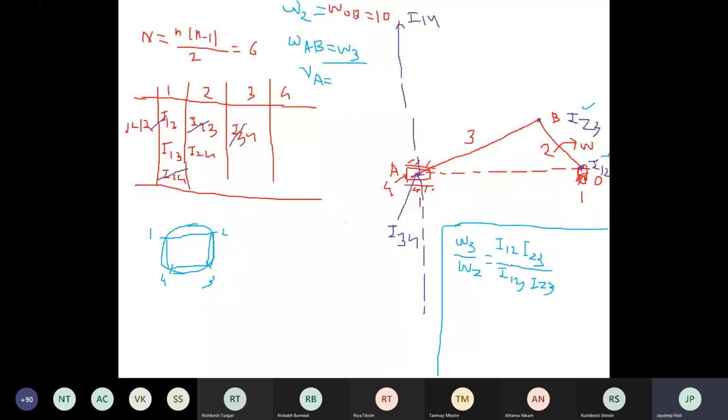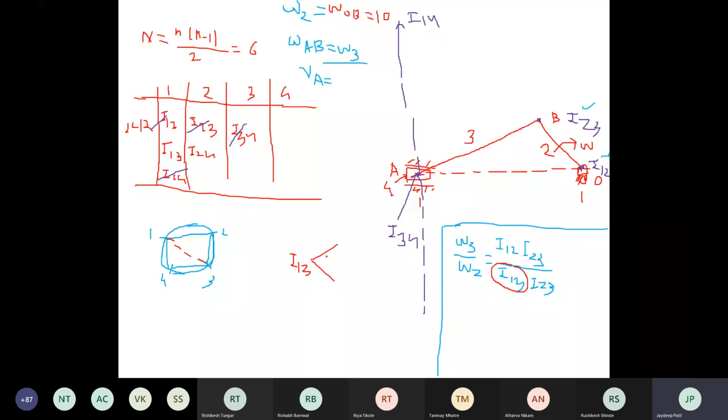Which one you have to find out here? I13, means you have to join I13. I13 is the intersection of two lines. Now in the circle you have to join 1 and 3. You will get two adjacent triangles, correct? Suppose this is the first triangle and this is the second triangle.